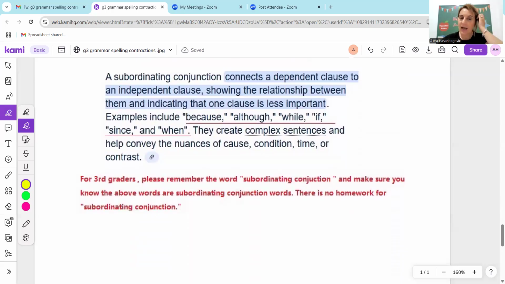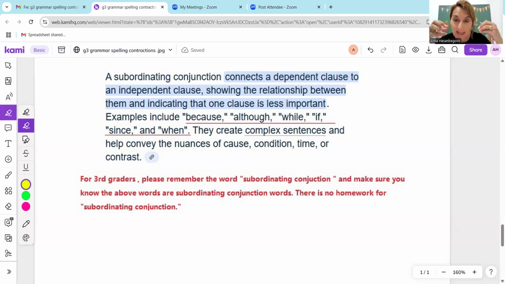A subordinating conjunction, on the other hand, connects a dependent clause to an independent clause, showing the relationship between them and indicating that one clause is less important. For example, it includes because, although, while, if, since, and when.